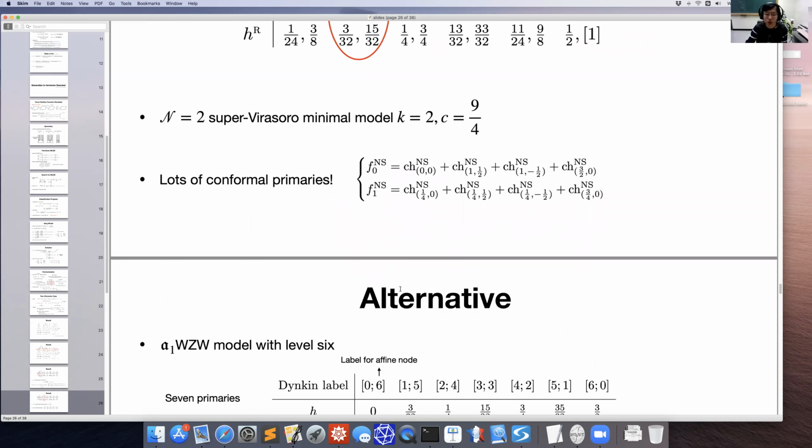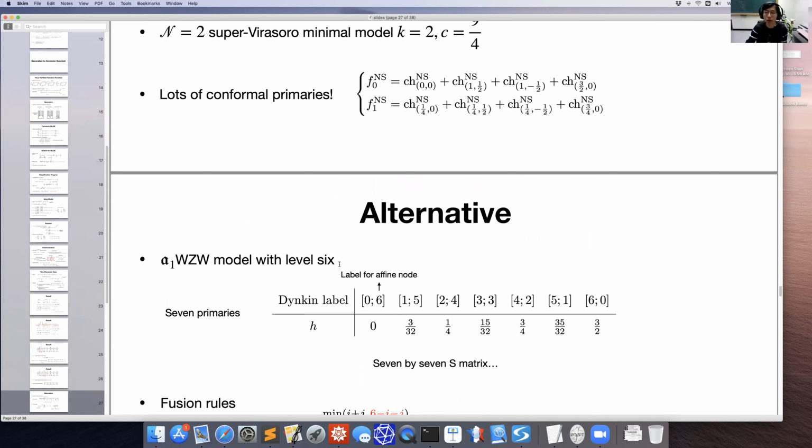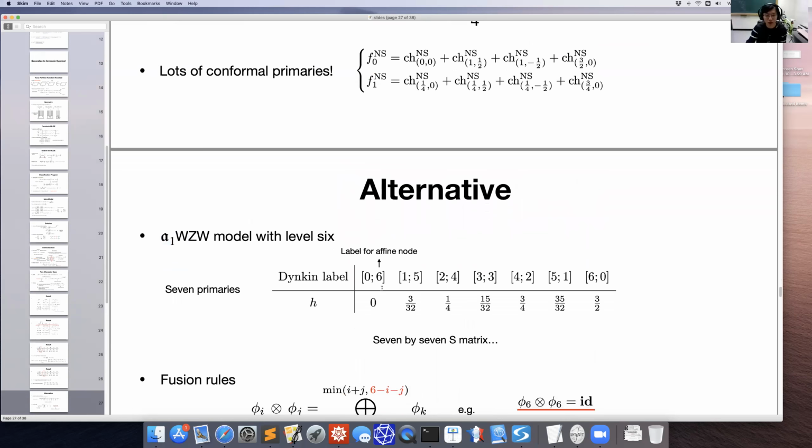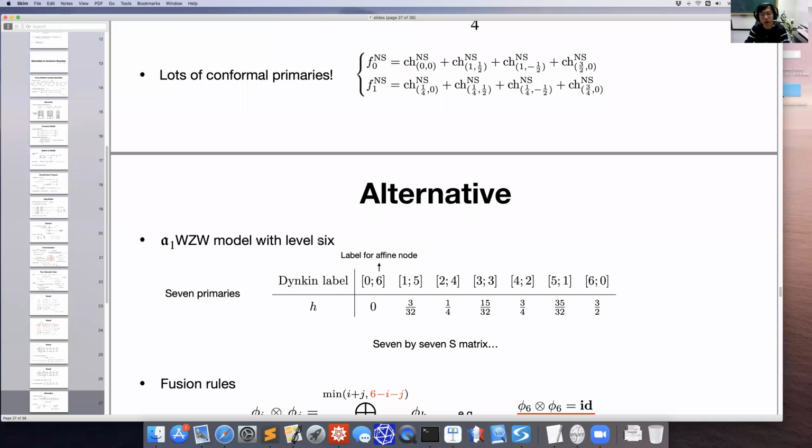Let me first describe a bosonic theory, which is the SU(2) Wess-Zumino-Witten model at level 6. I promise that this is the most complicated theory I'll mention in this talk. If you know the representation theory of the WZW model, or mathematically the affine Kac-Moody algebra, at level 6 we have 7 primaries.